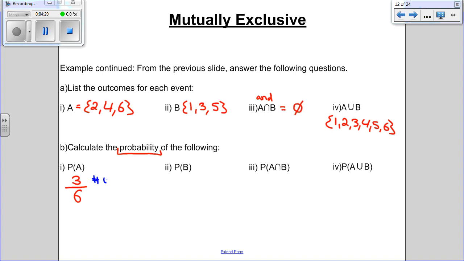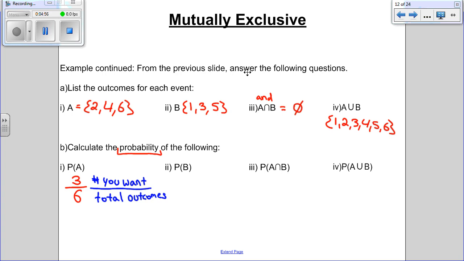So there's 3 possible events that you wanted. You could have rolled a 2, a 4, or a 6. And you divide it by the total number of outcomes. So when you're doing probability, it's what you want divided by what you could have got.